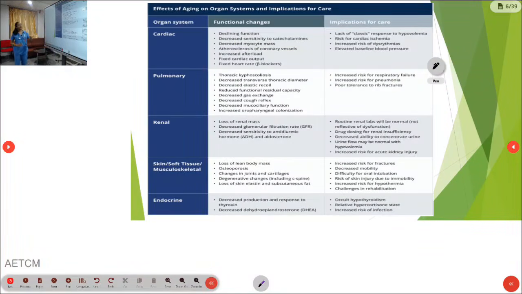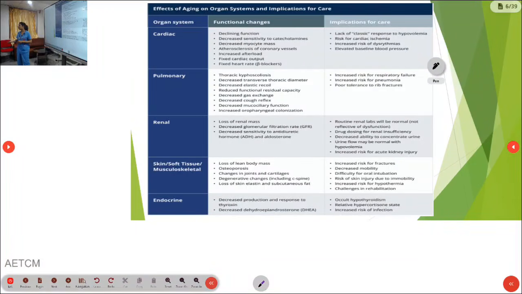So, this is the effect on normal organ systems, their functional change when the patient becomes elderly, and the implications for care. In the cardiac system, as we grow old, there will be a decrease in function, decreased sensitivity of heart muscles to catecholamines, decreased myocyte mass, atherosclerosis of the coronary vessels, increased afterload, fixed cardiac output and fixed heart rate.